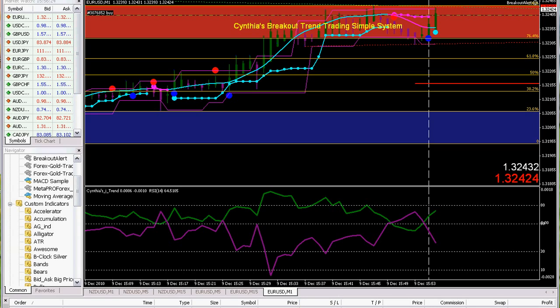As soon as it hits break even, it's going to move the trailing stop to break even plus just a tiny fraction of a pip to lock in at least break even. And then if it keeps going, for each pip it moves up, it's going to move the trailing stop.